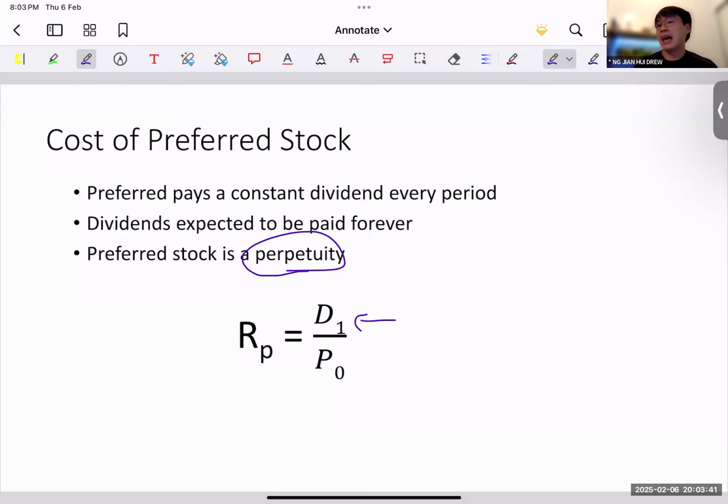Maybe secured means that they have some asset and they can sell the asset and get the money quicker. In an unsecured situation, they might have to liquidate the whole company, an extreme situation, and then they get the money back. But whether it's secured or unsecured, the debt holder will still get the money first, then equity holders.